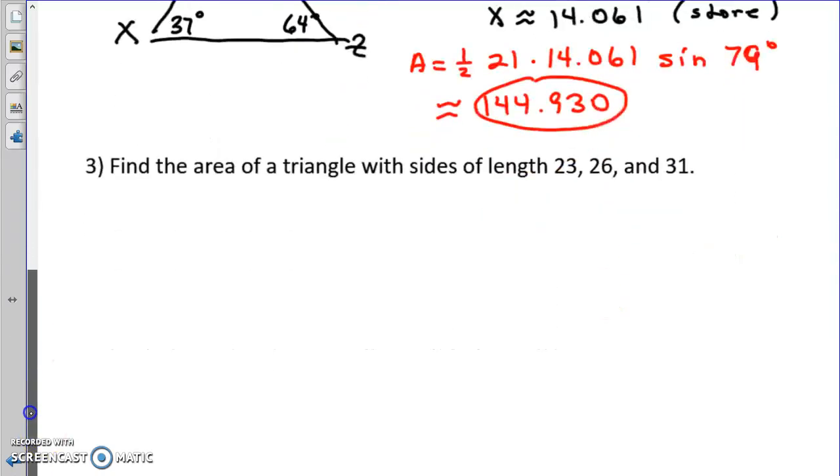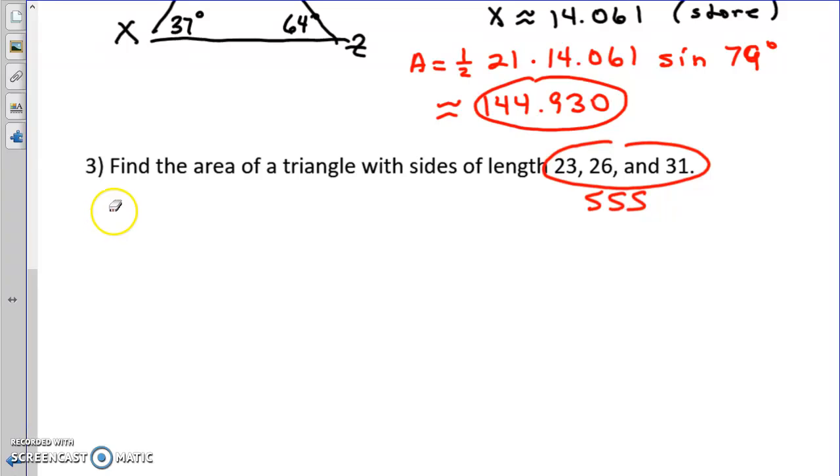Last example, we want to find the area of a triangle with sides of 23, 26, and 31. Quickly, we have three sides, so this is an SSS configuration. That means that we can use Heron's formula.